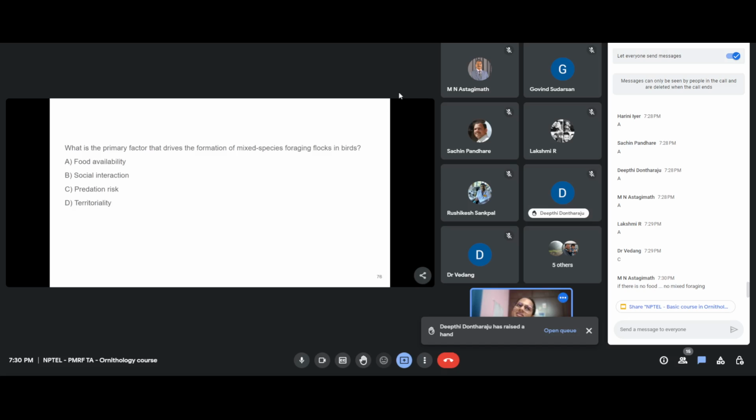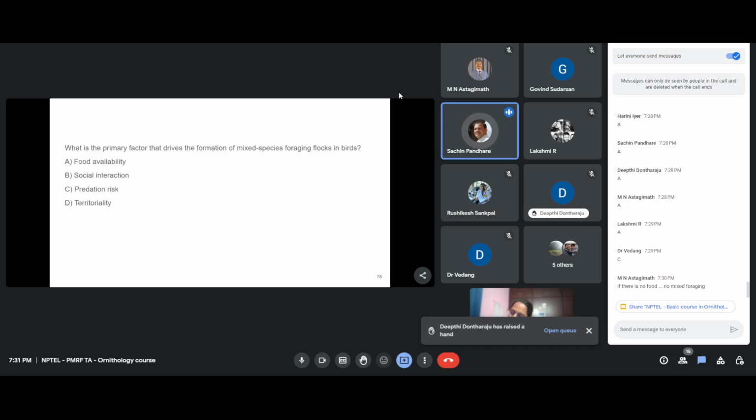Well, I don't know. I would beg to differ, but let's leave this open. What if that flock is in an open area where there is food availability, but then why would the other species join that area when there is easy access for predation?